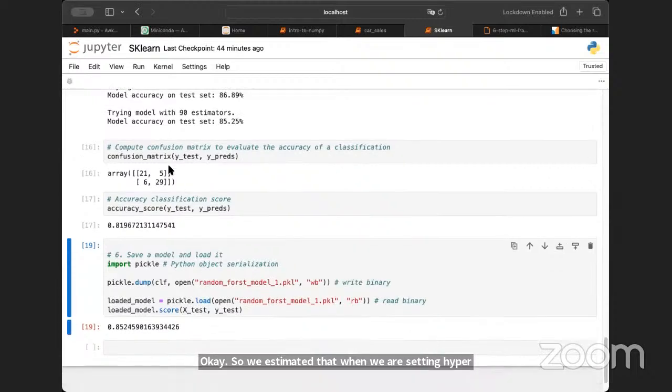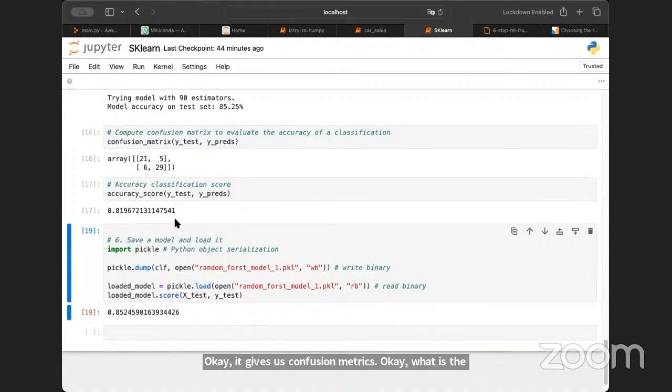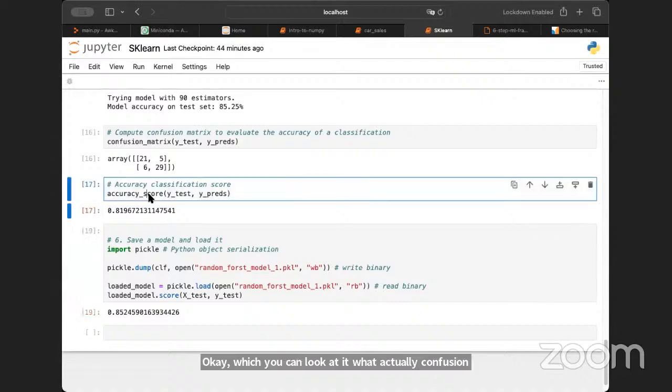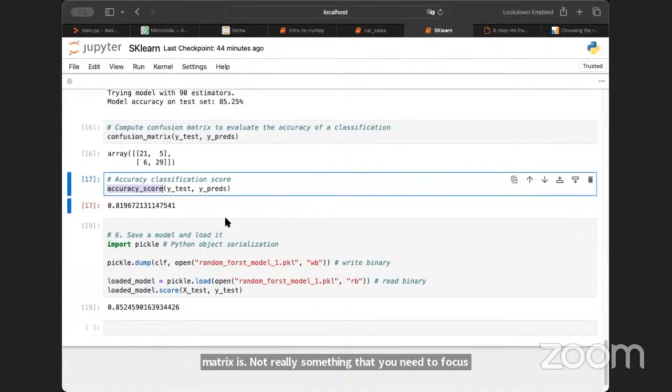It gives us the confusion matrix, which you can look up, but it's not something you need to focus on right now. Then you can get the accuracy score, and we also know how we can save our model and load that model.